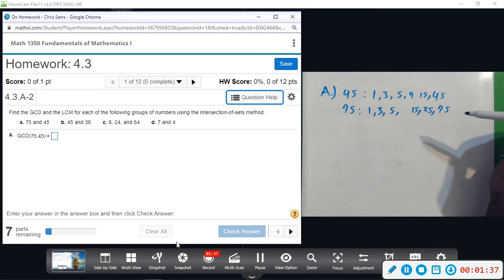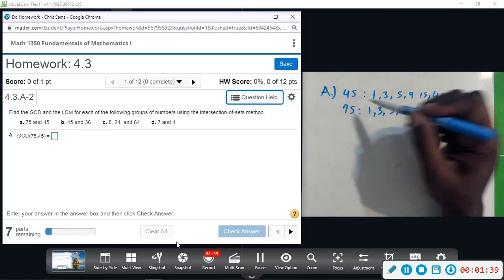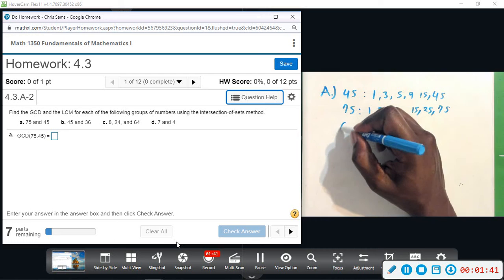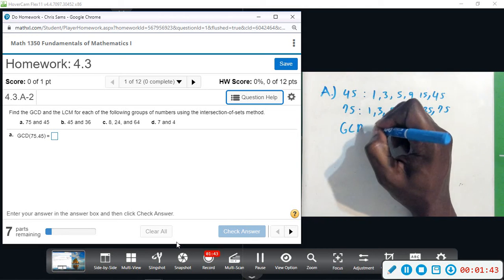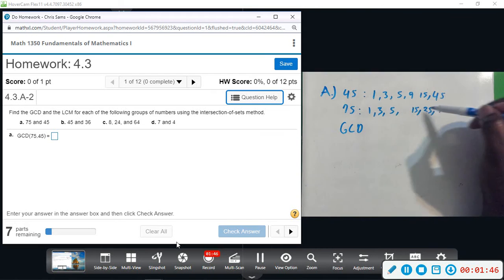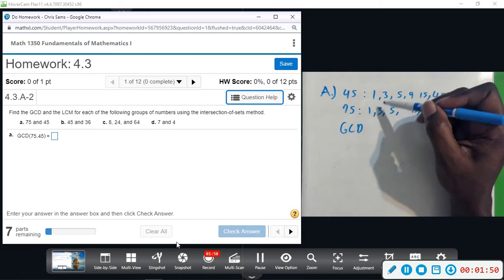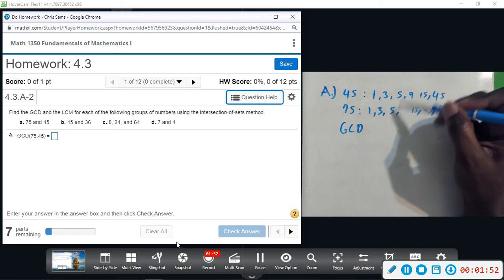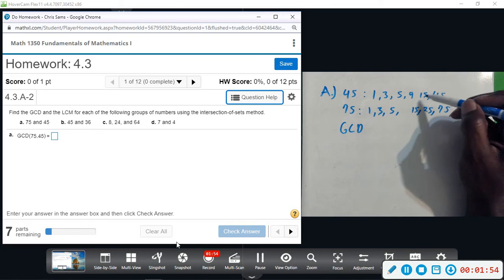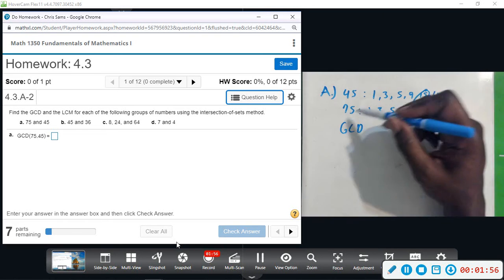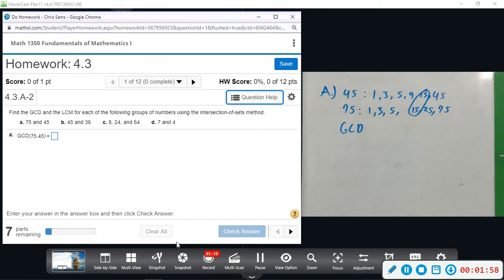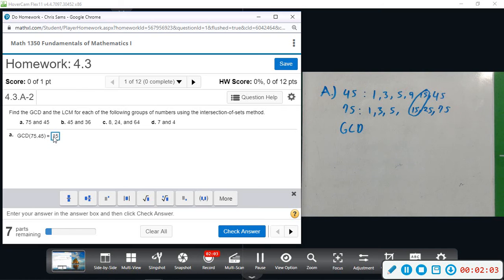Okay, so greatest common divisor, GCD, is going to be the greatest thing out of the list that divides them, that they both have. So they both have 1, they both have 3, they both have 5, they both have 15. 15 is the biggest that will divide both these numbers. So 15 will be our GCD.